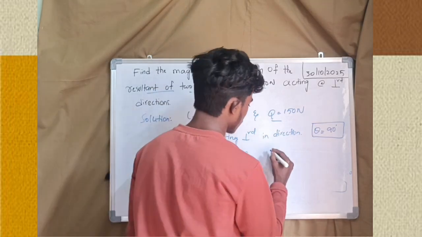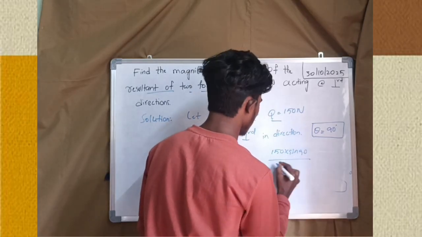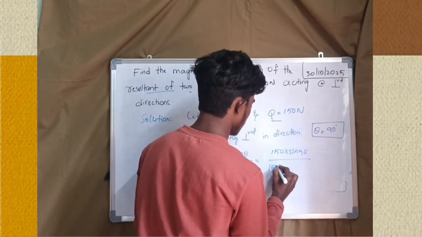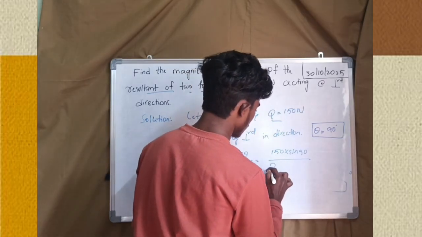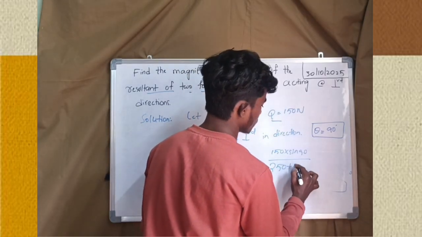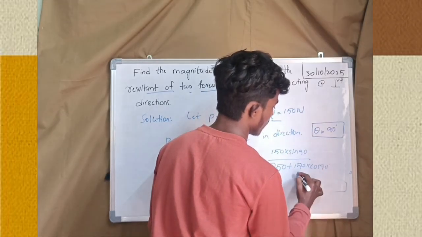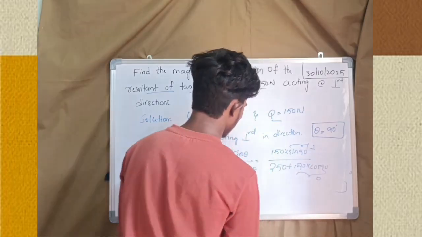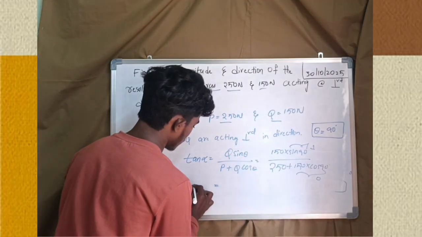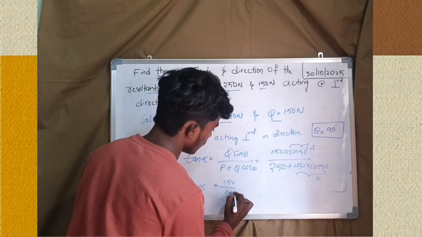By substituting values, 150 into sin 90 divided by 250 plus 150 into cos 90. This value becomes 0. Sin 90 means 1, that is tan alpha equal to 150 by 250.